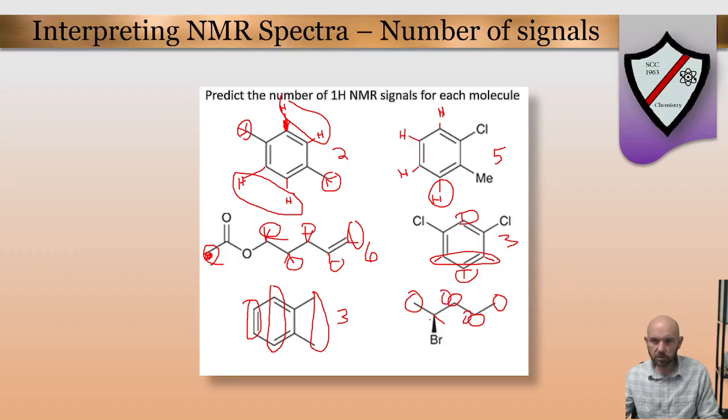So we are going to expect a total of 1, 2, 3, 4, 5, 6, 7 signals from that molecule. So you can get an idea here of how many signals you would expect depending on whether or not different hydrogens in a molecule are chemically equivalent to one another or not.